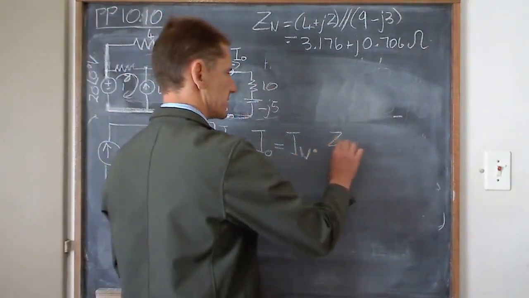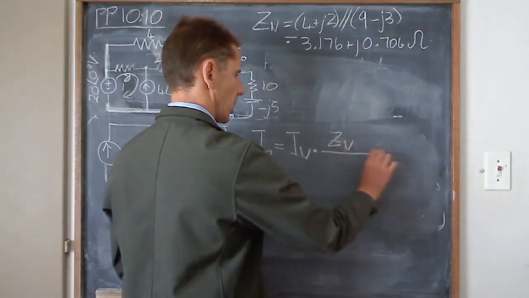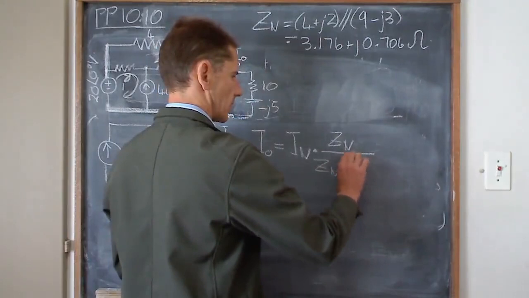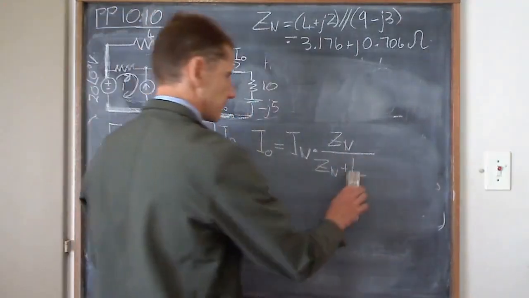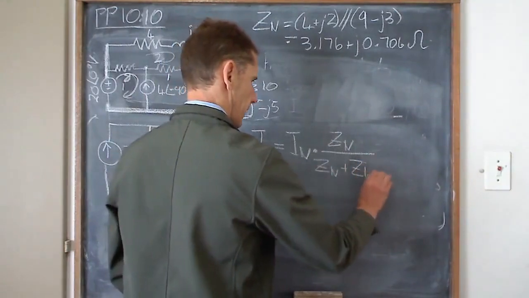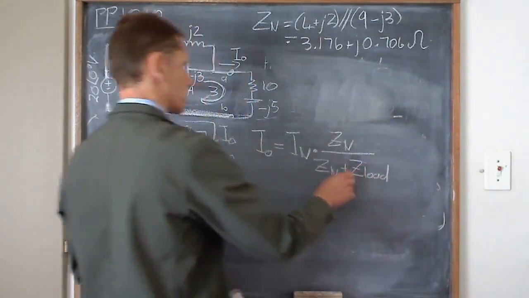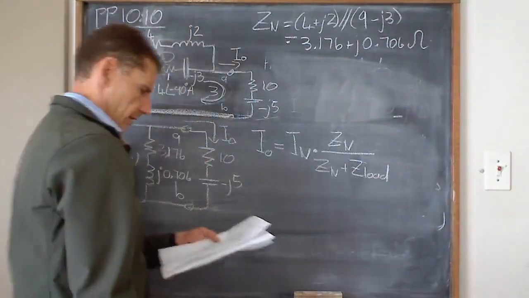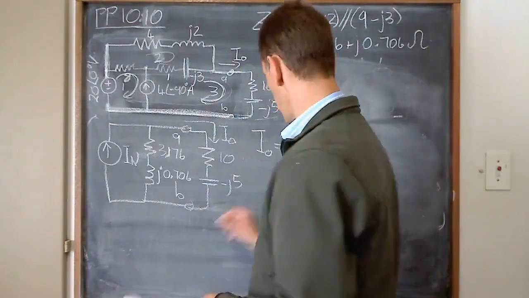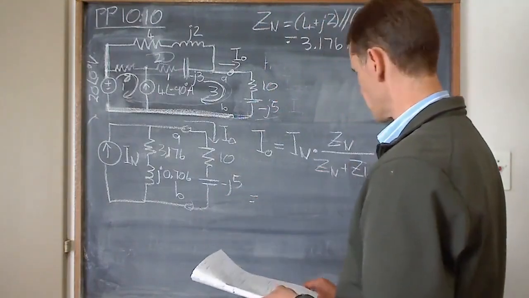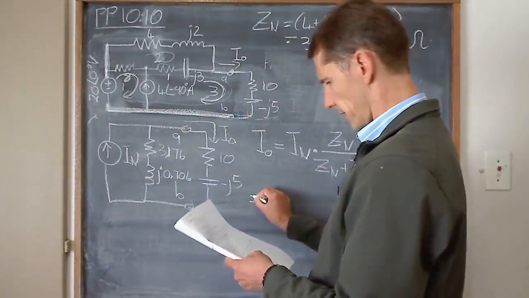So it's going to be Z Norton over Z Norton plus Z load, where your Z load is the 10 over minus J5. So if you're going to write all of that out, this is almost not going to fit on the page. Okay, but let's try.